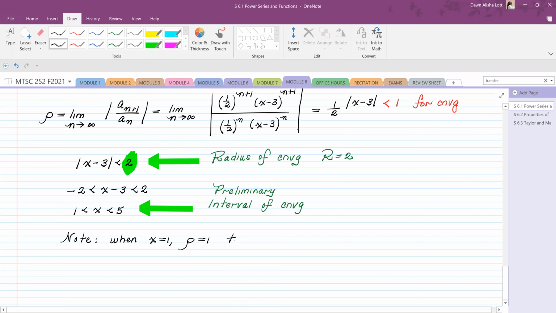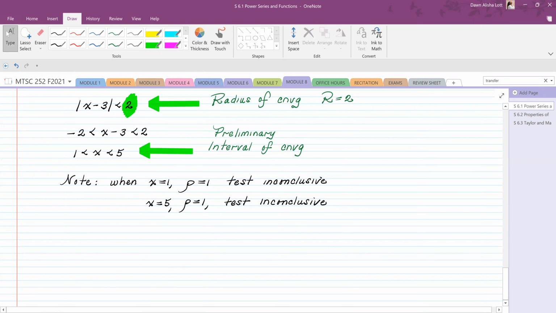And remember, the test was inconclusive. And at x equal to 5, again, rho is 1, and the test is inconclusive. So the test only tells us the inside of the interval. We still have to check the endpoints. Okay? So you have to check the endpoints.